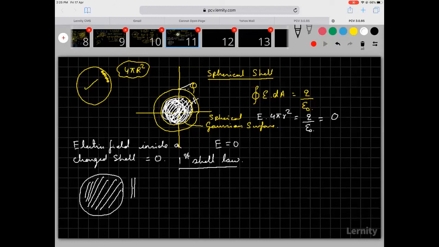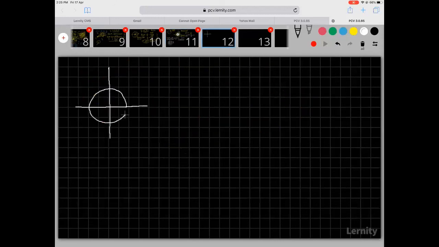Now let's see what happens outside the shell. This is the shell. This was given a charge Q. Now if you're talking outside the shell, I have drawn another Gaussian surface. So I want to find out the field here. So again, Gauss law, integral E dot dA is equal to Q by epsilon naught.